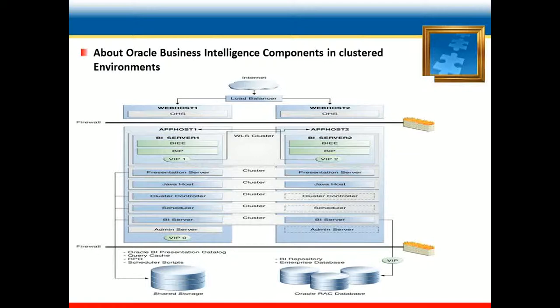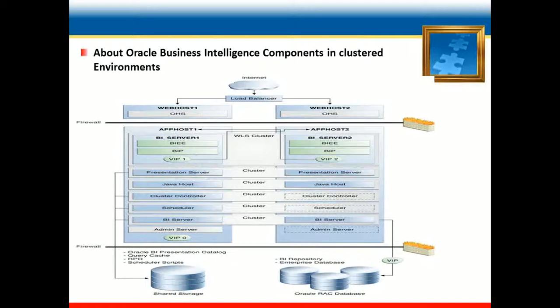Oracle BI Presentation Services, Java Host, BI Cluster Controller, Oracle BI Scheduler and Oracle BI Server are the system components installed on application host 1 and application host 2 and configured as a cluster. The cluster controller and Oracle BI Scheduler on application host 2 are passive. They are started but do not service requests and are only made active if the application host 1 component fails.